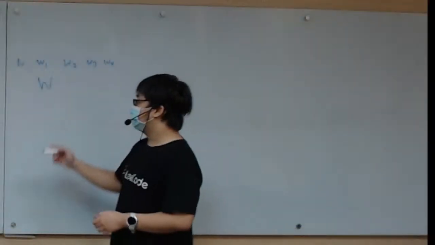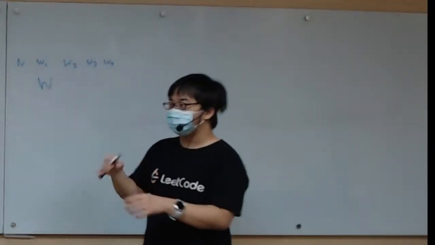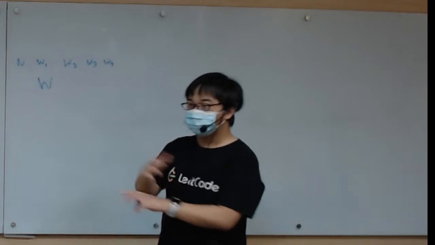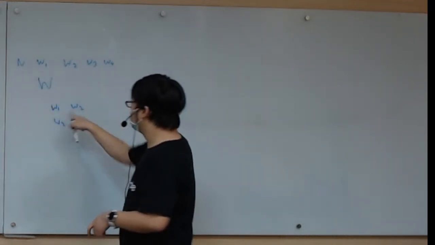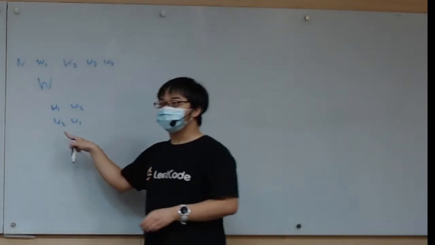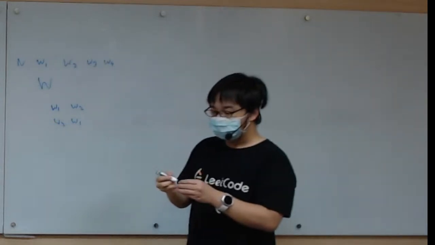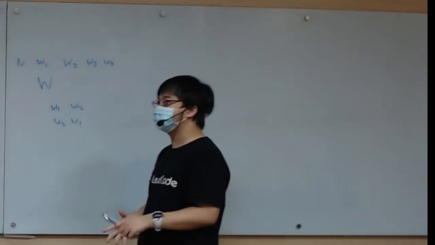Here we care about the orders. So if you put W1 first and then W2, this is two different solutions, assuming these two widths are different. But if they are the same, this is the same, right? So boxes with the same width, we consider them the same.